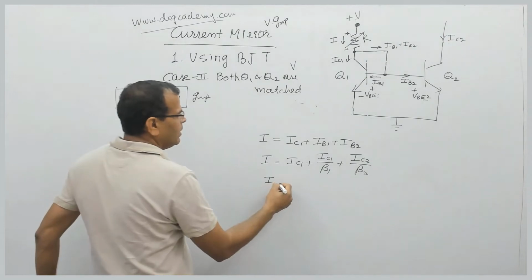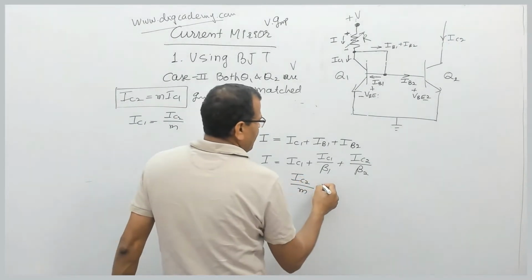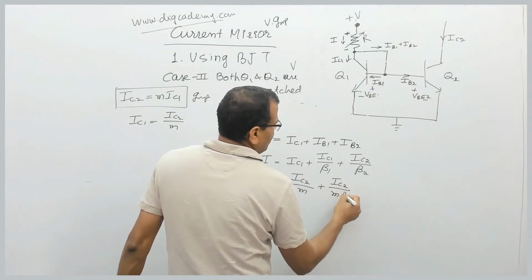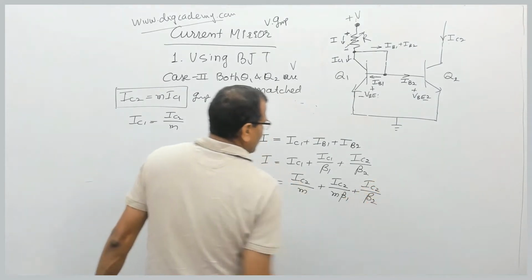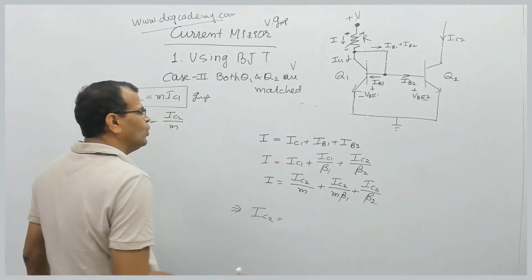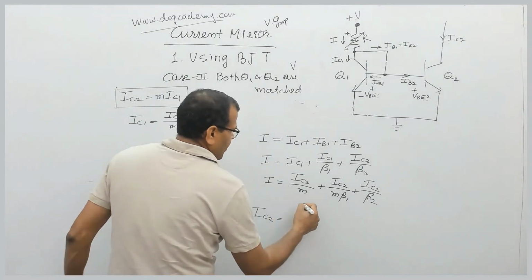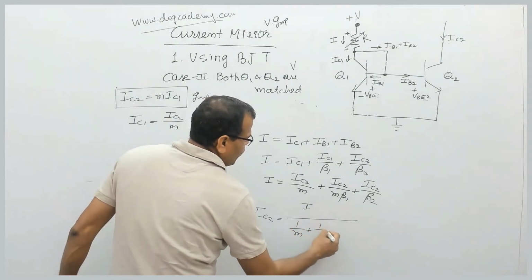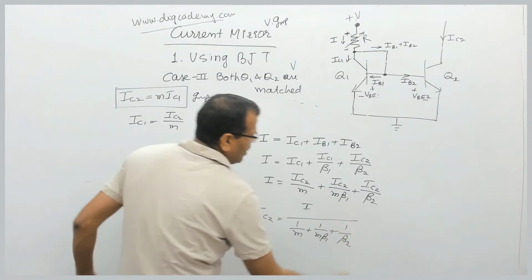So I can write this to be IC2 upon m plus IC2 upon m into beta 1 plus IC2 upon beta 2. So this gives the collector current IC2 equal to I divided by 1 upon m plus 1 upon m beta 1 plus 1 upon beta 2.